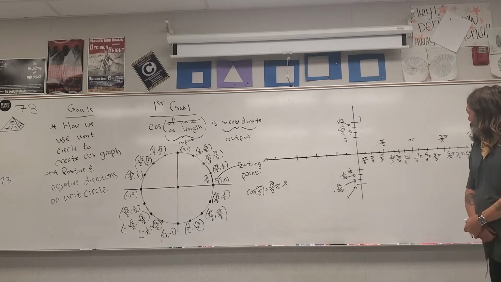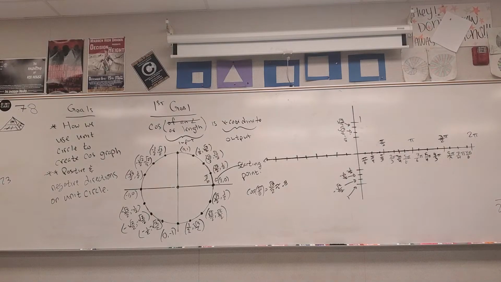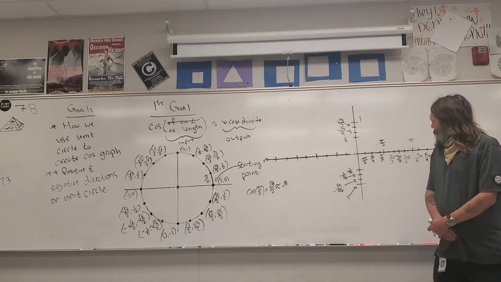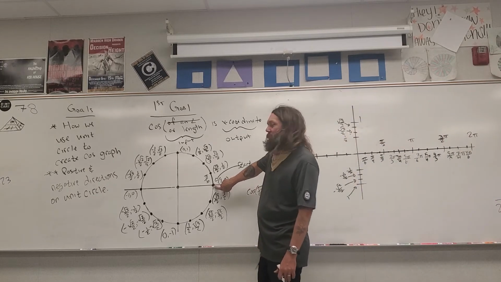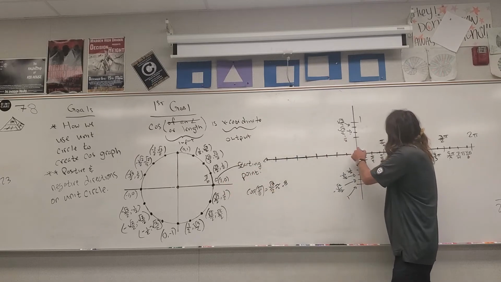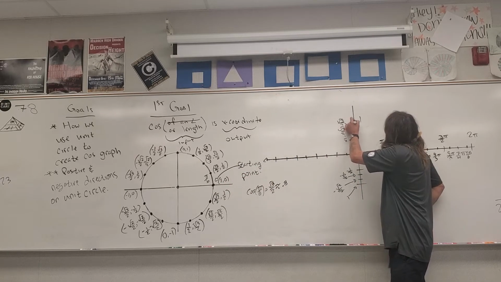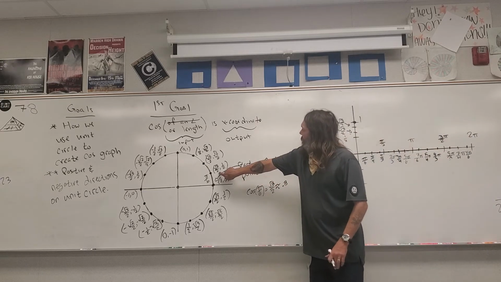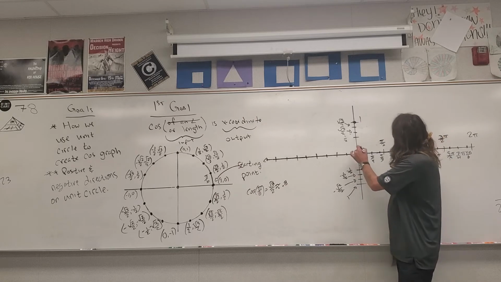All right, so let's go ahead and start working our way around. So if I plug in pi over 6, I get about, well, actually, let's start at 0. When I've gone no length, I have a height of 1. All right, when I go a length of pi over 6, I have a height of square root of 3 over 2.